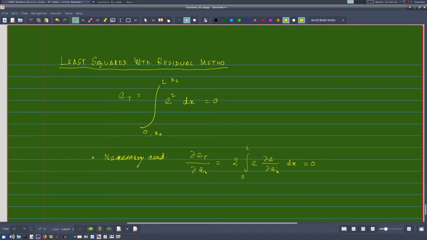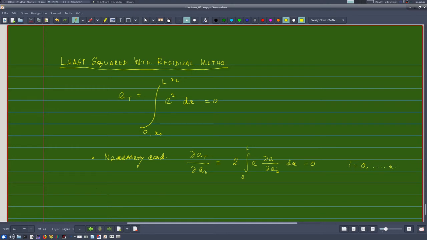Because it is E squared, when I partially derive it, I get 2 E del E del a_i when I derive with respect to a_i, and this is true for i equal to 0 to n.